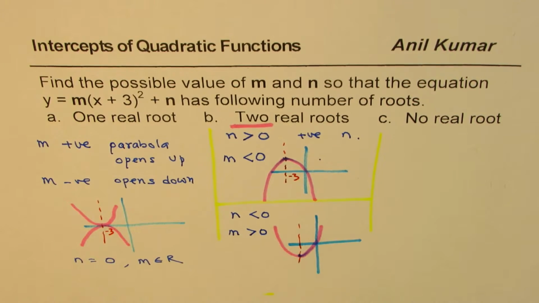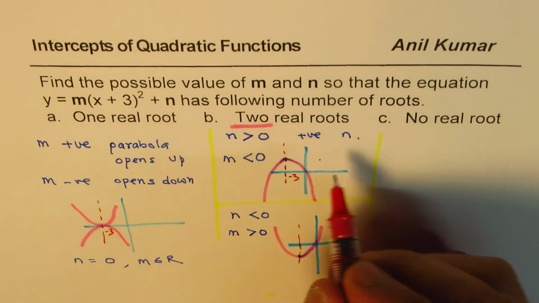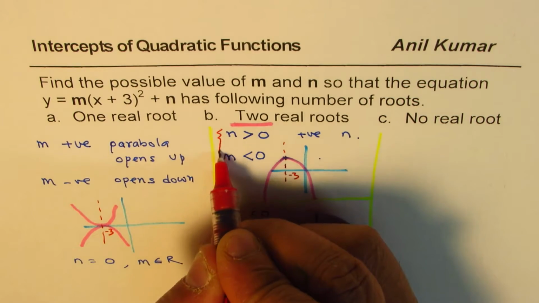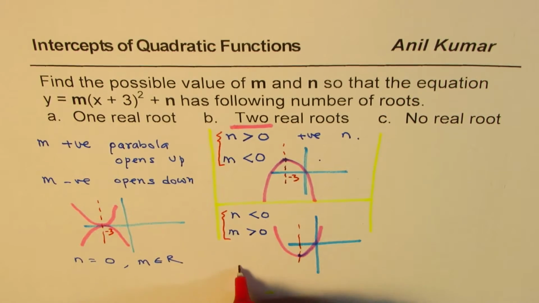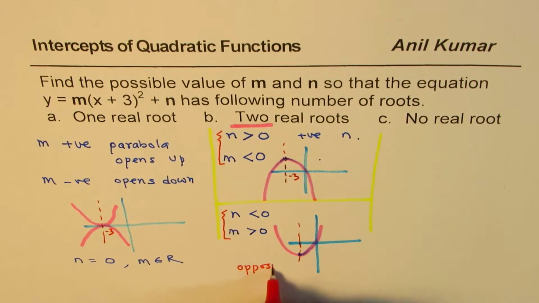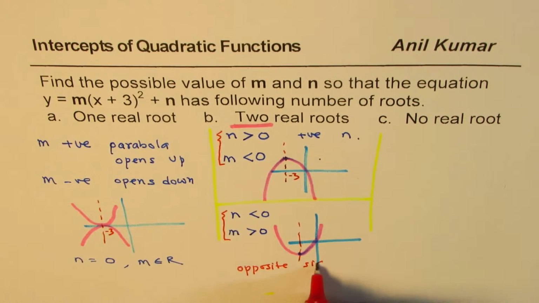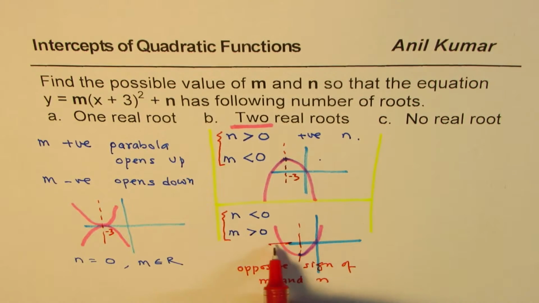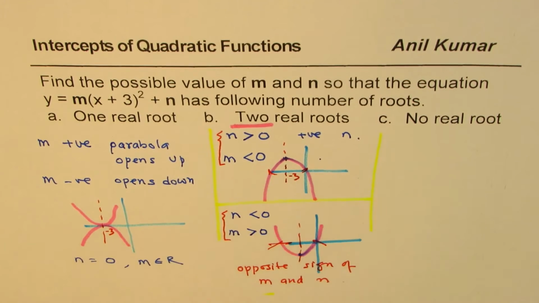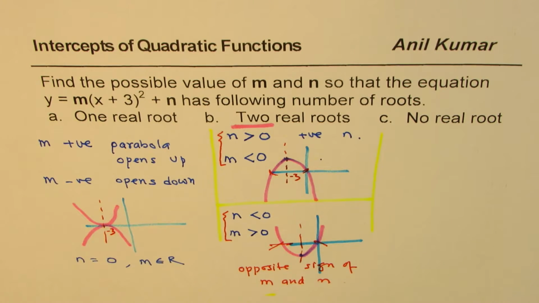So that becomes the second condition. So we have two cases. This combination is one way, the other combination is this. That means opposite signs of m and n ensure that we get two roots. Do you see that? That's how we get two roots.